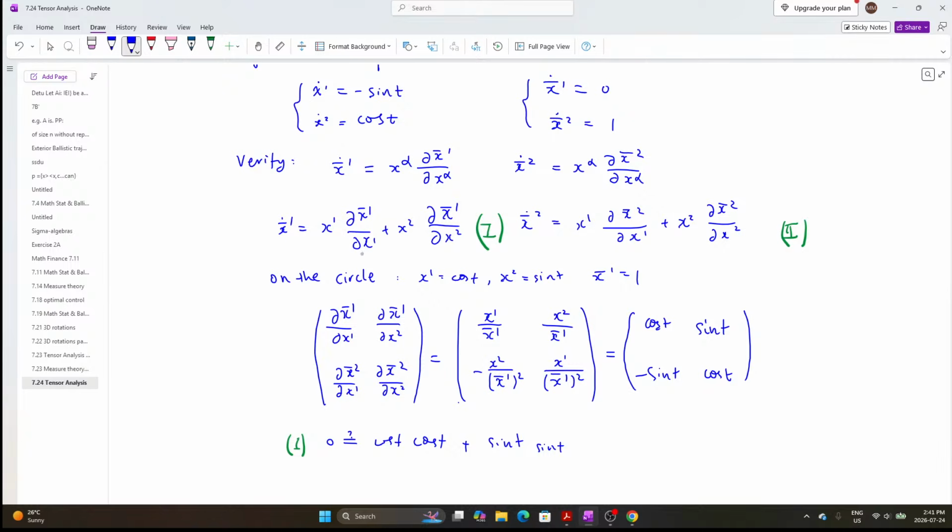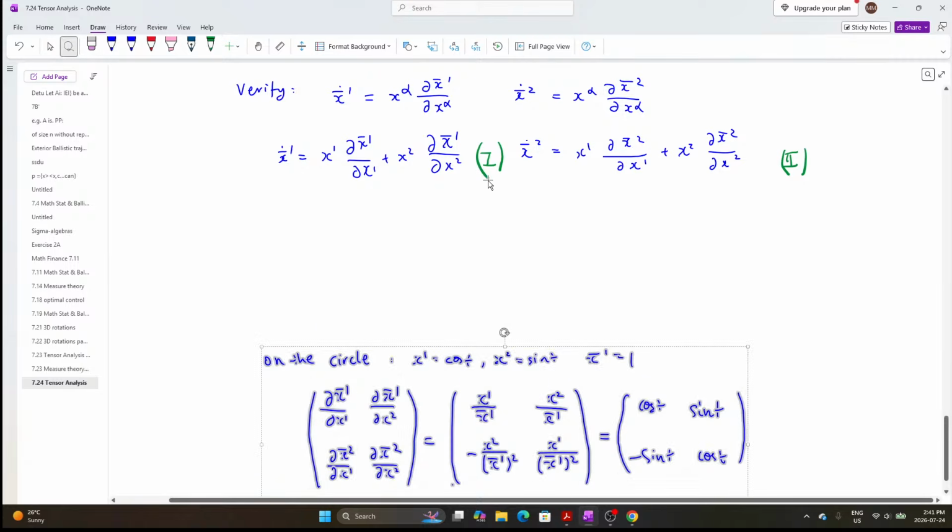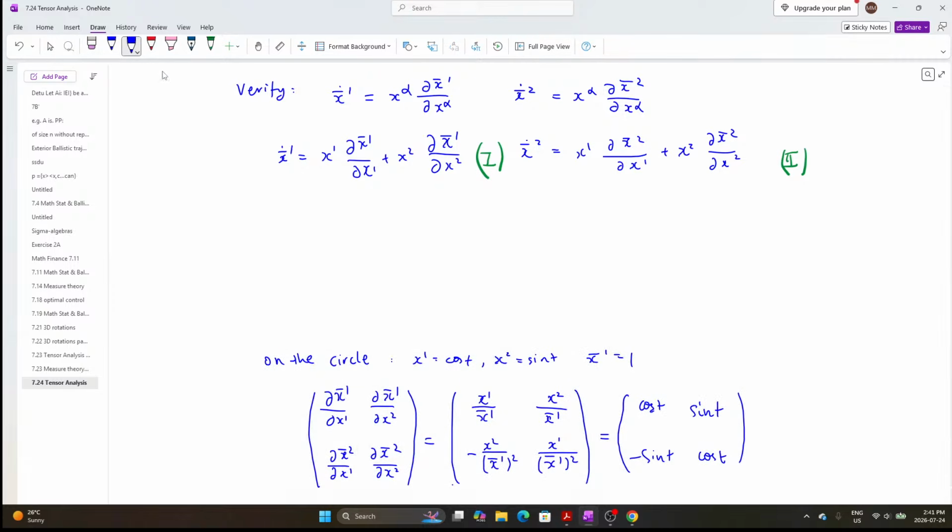So this looks like the first row. Is this a first row? Can we repackage 1, 2 into matrix form?